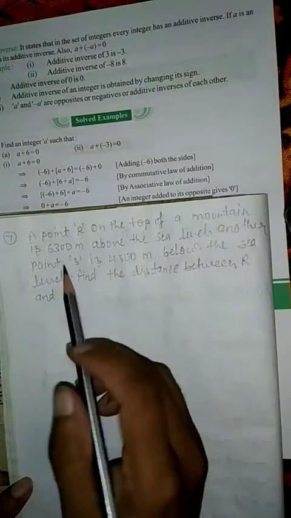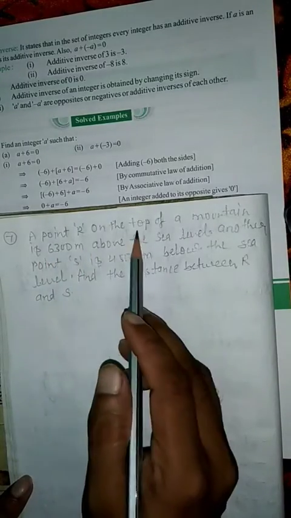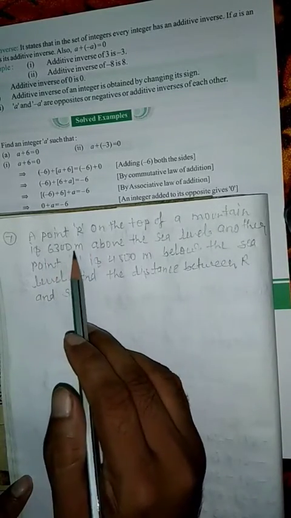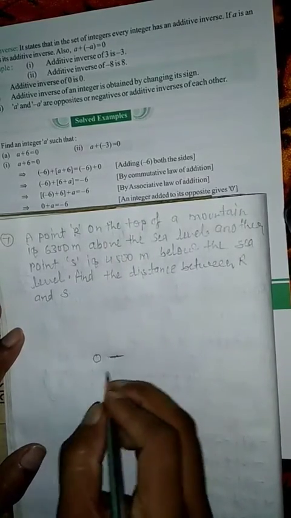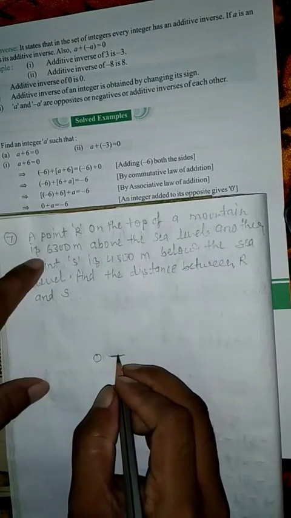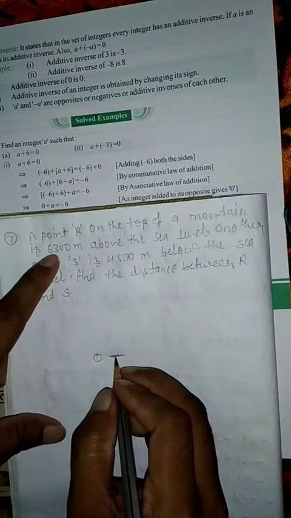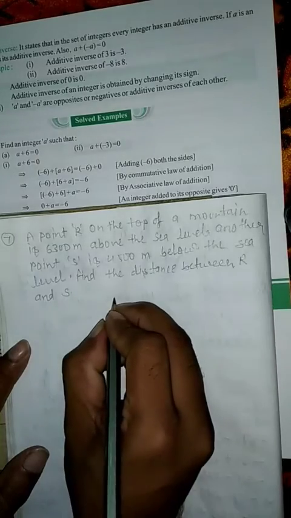Now question number 7. A point R on the top of a mountain is 6300 meters above sea level. Suppose this is the O point and this is the sea level. The height of the mountain is 6300 meters, so we go to the top side.